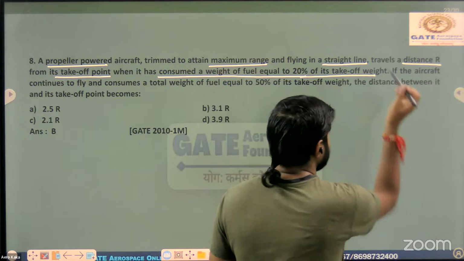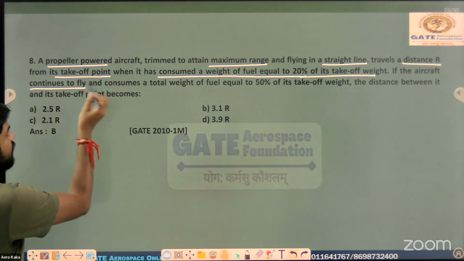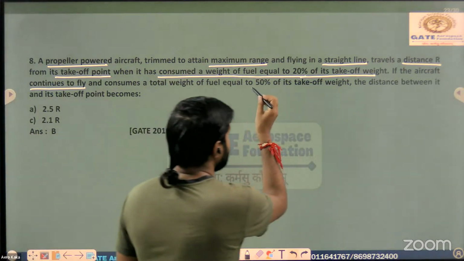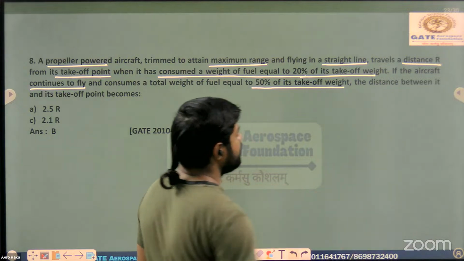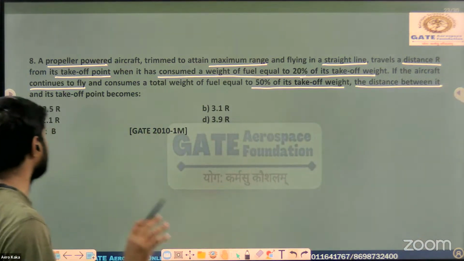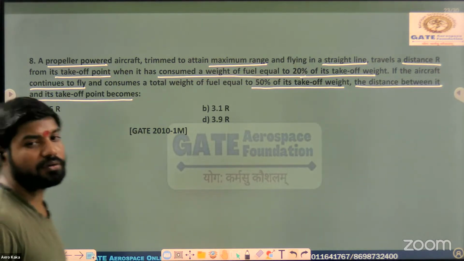Please read this question carefully. If the aircraft continues to fly and consumes a total weight of fuel equal to 50% of its takeoff weight, the distance between it and its takeoff point becomes. Try to understand this question.